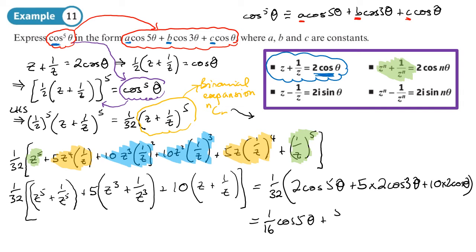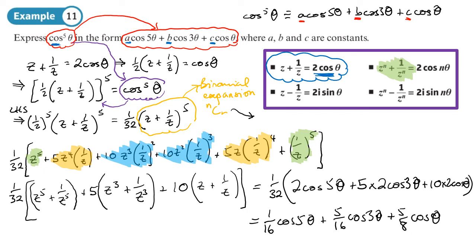So you'll have 5 over 16 cos 3 theta. And then the last term here, you're going to have 20 over 32, which is 10 over 16, which is 5 over 8. So I'll have plus 5 over 8 cos theta.